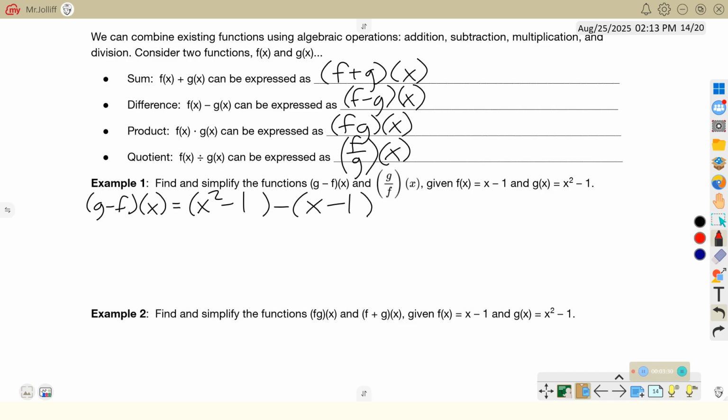And my instinct says, hey, let's distribute the negative sign through the parentheses behind it. So my first function, x squared minus 1, just hangs out. A negative 1 times an x becomes a negative x. And a negative 1 times a negative 1 becomes a positive 1.